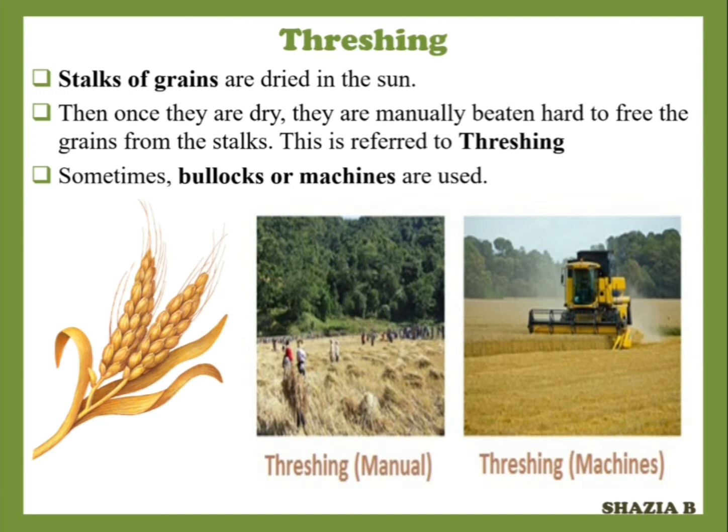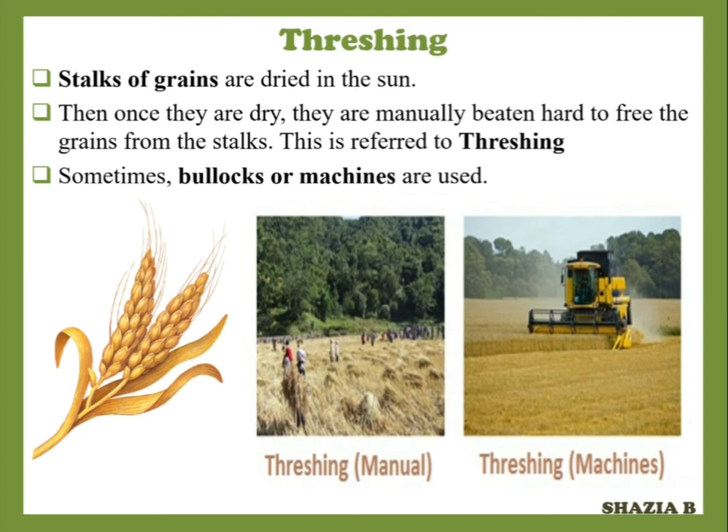So what we do is, these stalks of grains are dried first in the sun, that is, they are dried out in the presence of sunlight. Then once they are dried, they are manually beaten hard to free the grains from the stalks. This is referred to as threshing.